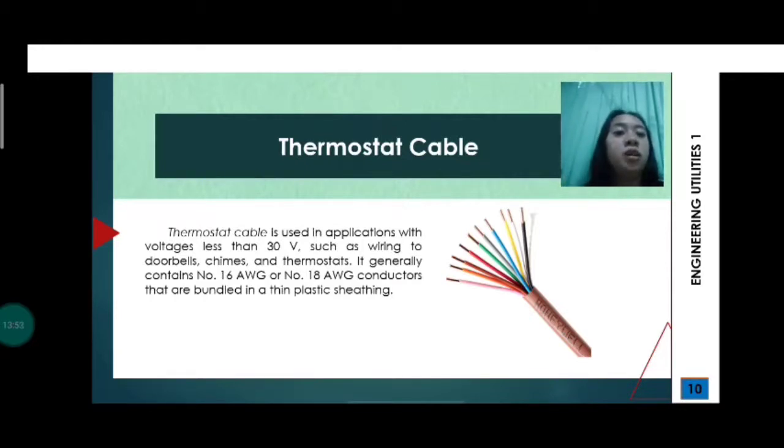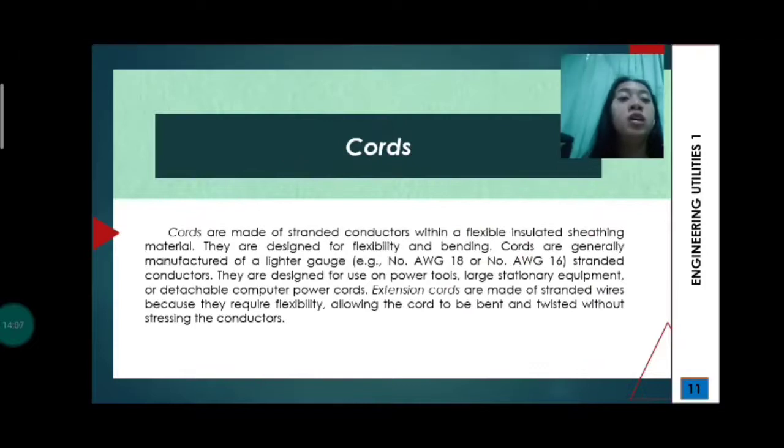So after that, we will tackle about the cords. So what are the cords? Cords are made of stranded conductors within a flexible insulated sheeting material. They are designed for flexible and bending.